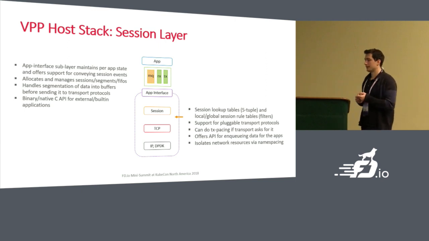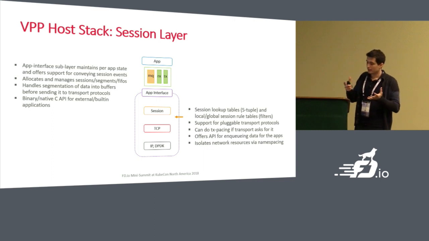A new feature that we've really recently added is TX spacing. So within the session protocol, we now have support for TX spacing. That is, if transfer protocols want, they can limit or smooth out their own TX bursting. And obviously, we have at this point APIs for transfers to communicate with the external applications, to enqueue data and to generate events.